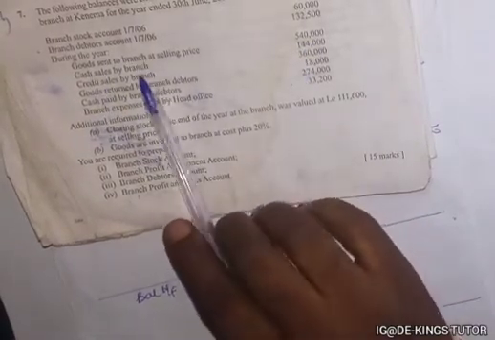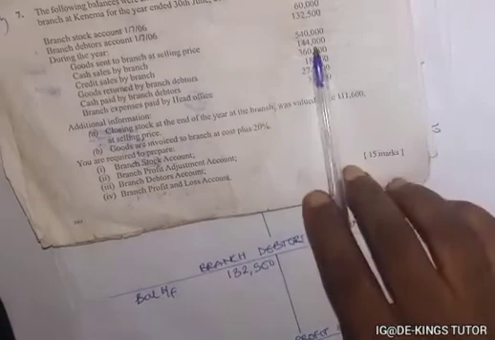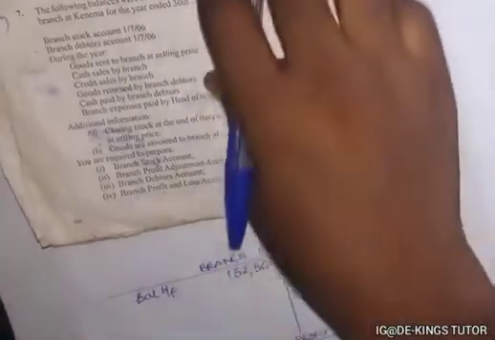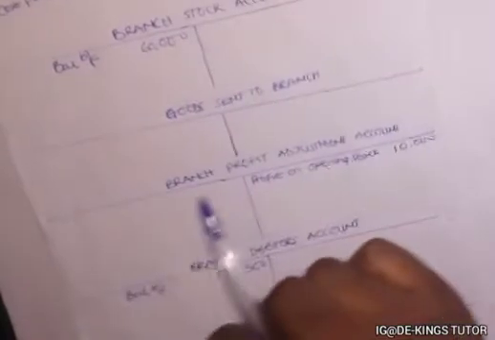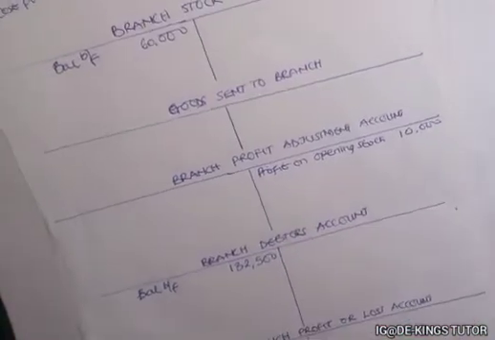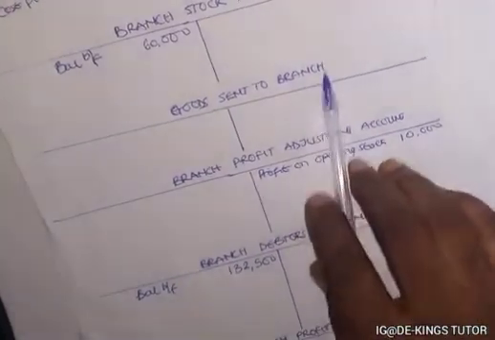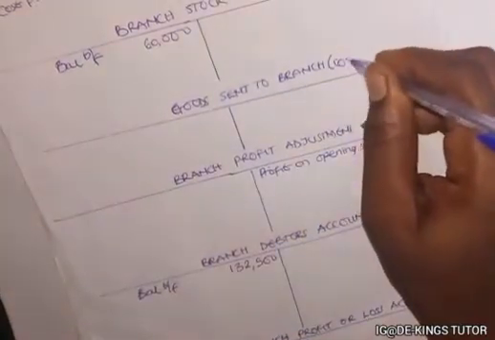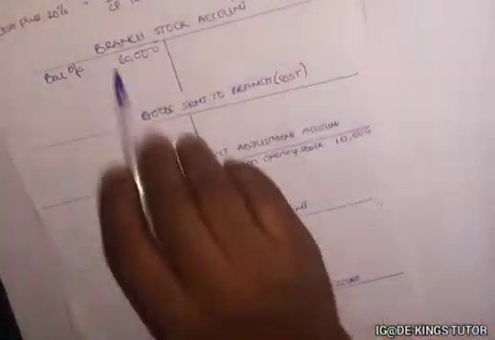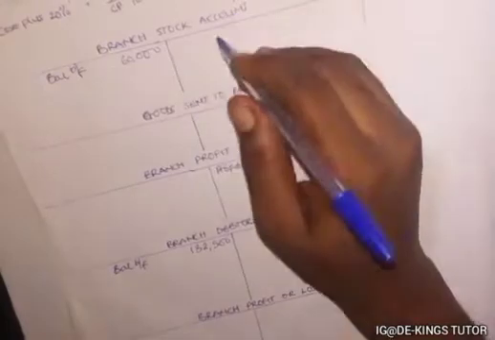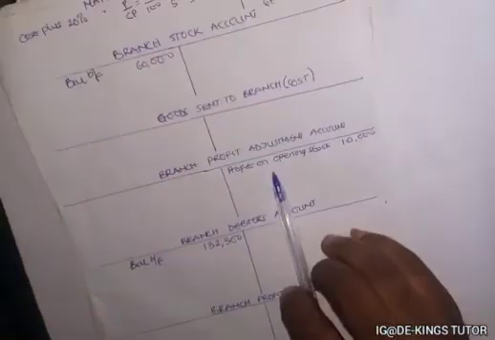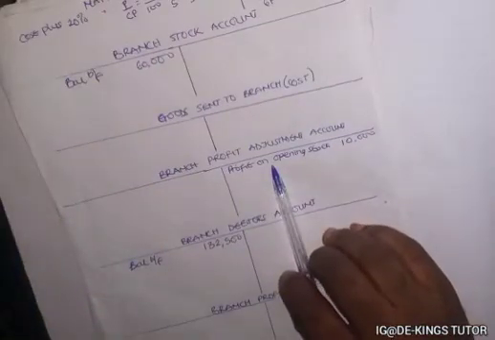We're going to credit the goods sent to branch account in terms of the cost, because this is by the head office. Everything coming to the branch is at selling price. That's the invoice. I'm going to get the profit on the goods sent to branch.